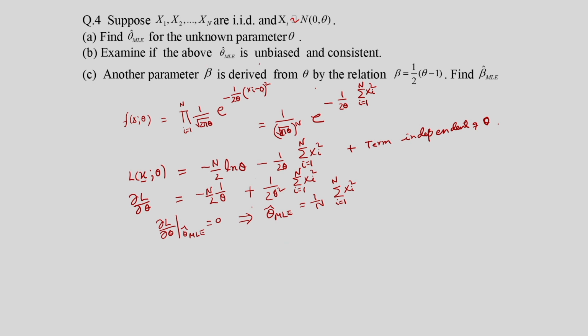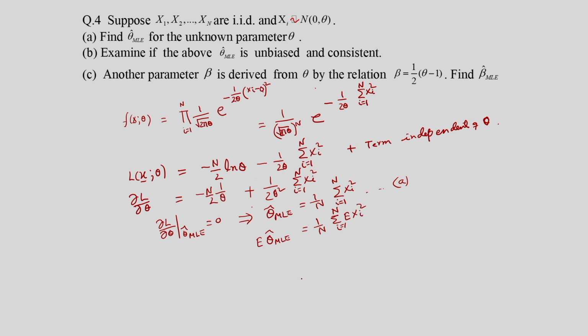Next is to examine if the above theta hat MLE is unbiased and consistent. So, this is the solution to part A. Now, for part B, E of theta hat MLE is equal to 1 by n into summation i going from 1 to n E of xi square.